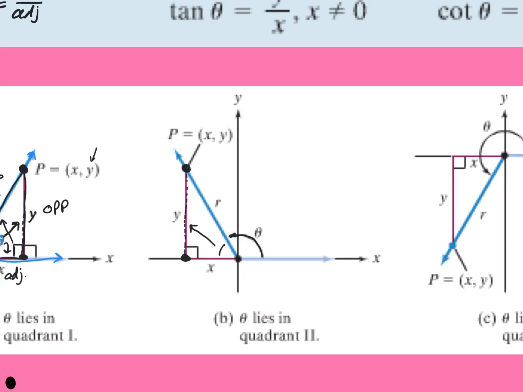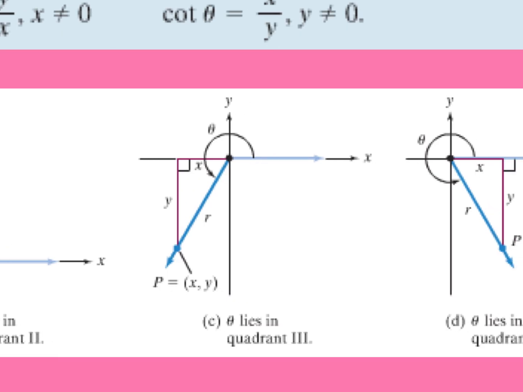I have an opposite side, which is my y. I have an adjacent side, which is the x, and then I have a hypotenuse, which is that r value that I talked about before, right? So you can still do SOHCAHTOA using those values, and again, I just got this from a point in the coordinate plane and drawing the angle from it.